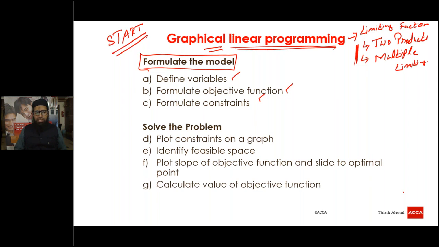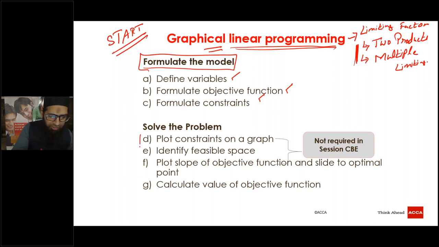And finally, we can calculate the value of the objective function. Now, it is important to note that steps D, E, and F are no longer required in the CPEs. So this will not be tested.